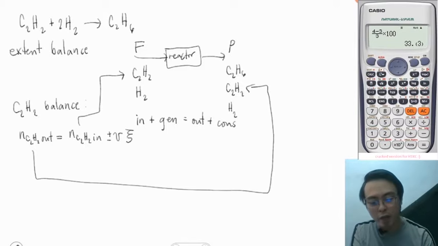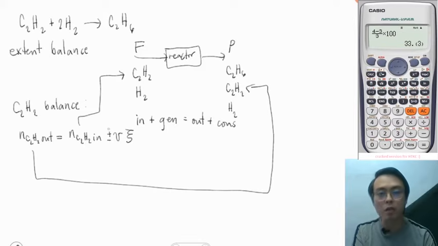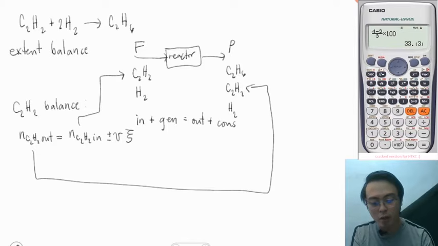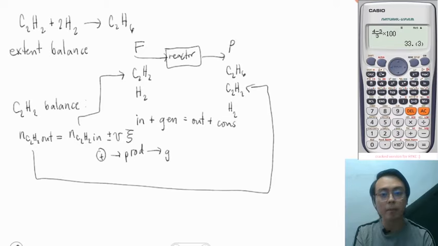Now, how do we decide if we use plus or minus in this second term? It's actually quite easy. You just have to look at the balance equation, and determine if the species that you are performing the balance on is a reactant or a product. We use positive if it is a product because the product is being generated.